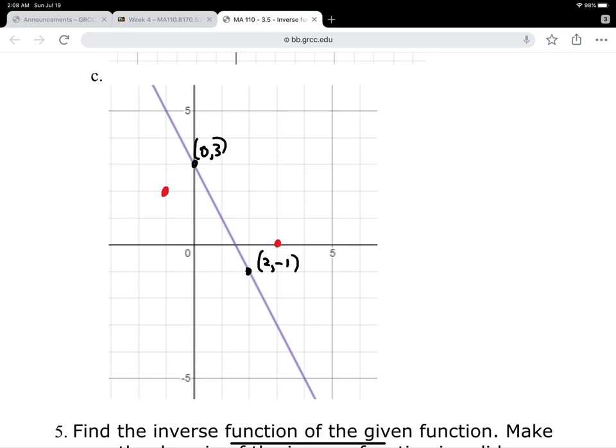Connect the dots. And putting the line down for y equals x, it will look kind of like this. You can definitely tell that's like a mirror image.